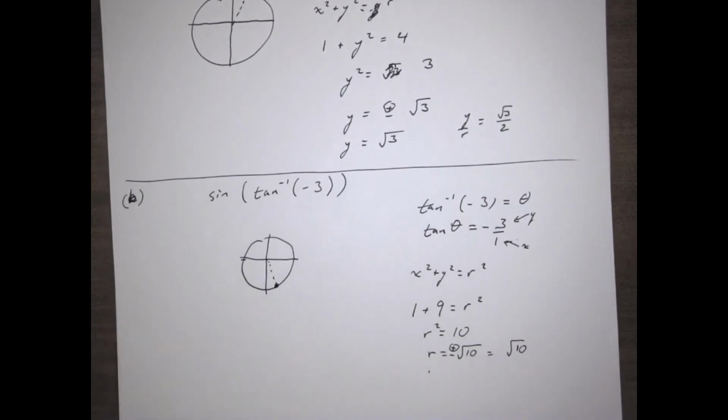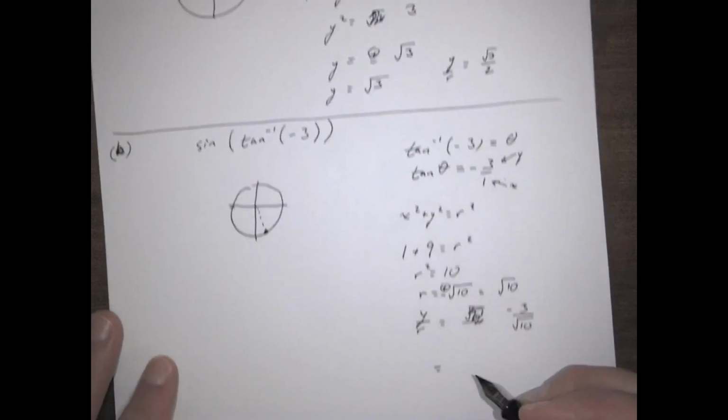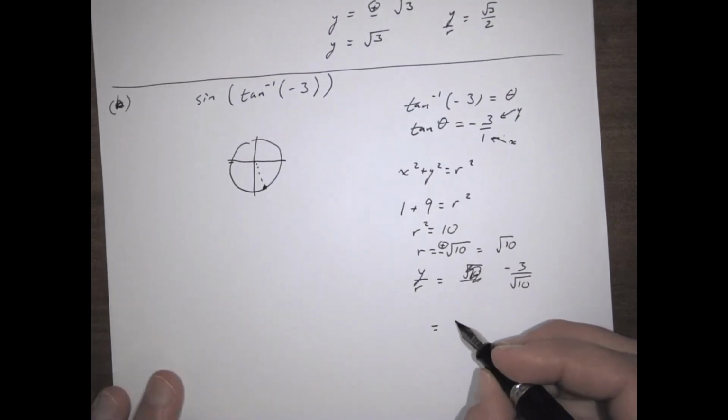Okay, and so then if it's the sine that we want, then it'd be y over r: negative 3 over root 10. And of course, by now we know we have to rationalize these kinds of things.